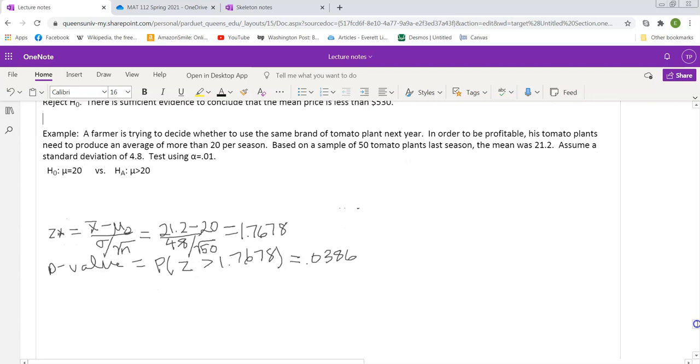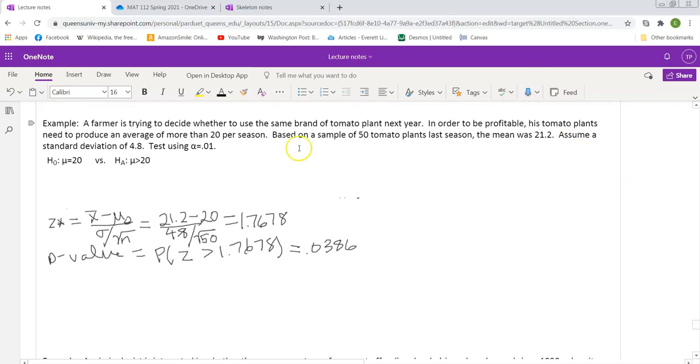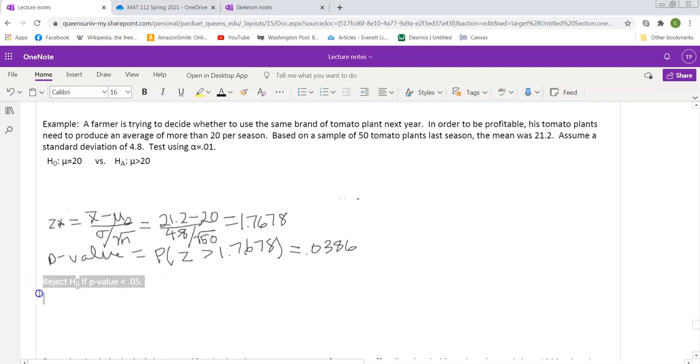For the second example, we're going to test using a 0.01 level of significance. So that means our rejection rule is we're going to reject H0 if the p-value is less than, not 0.05, but 0.01. And this p-value is not less than 0.01.